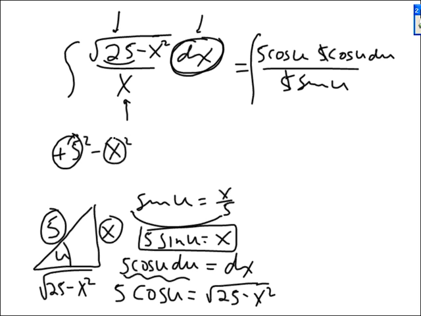So the 5 I'll bring in front, and we have cosine squared u on top, and du, and sine u on the bottom.